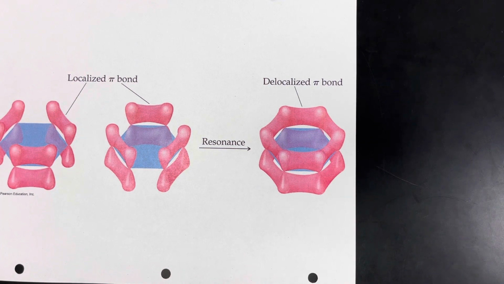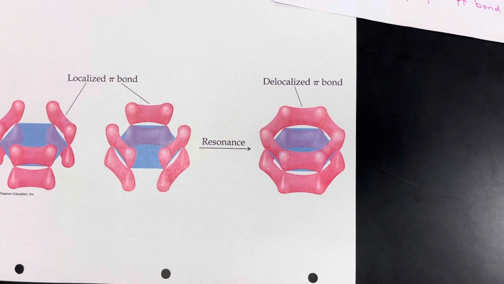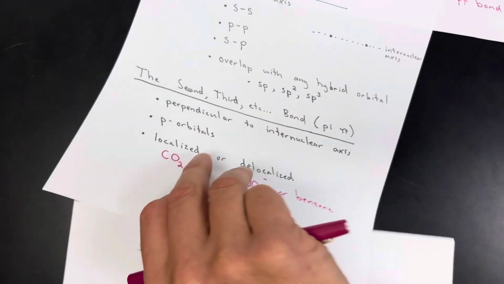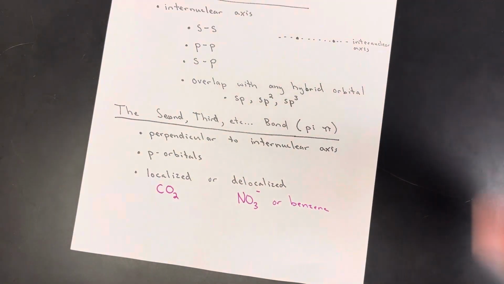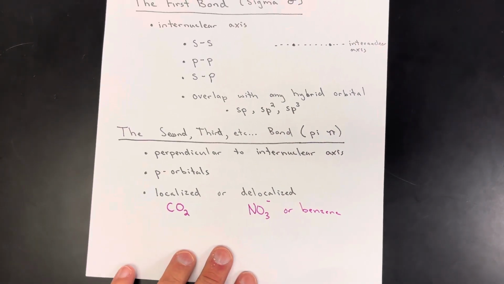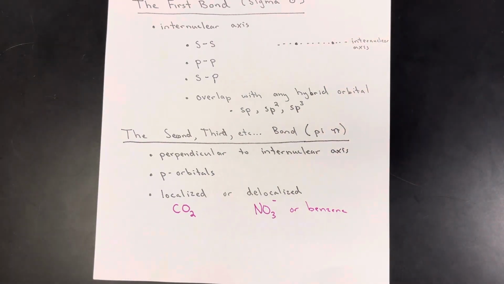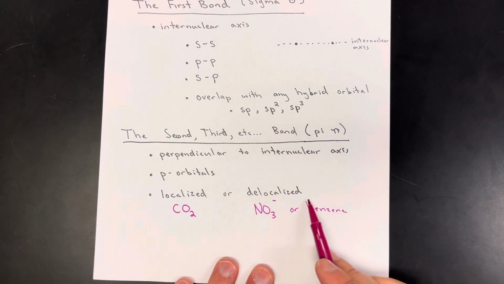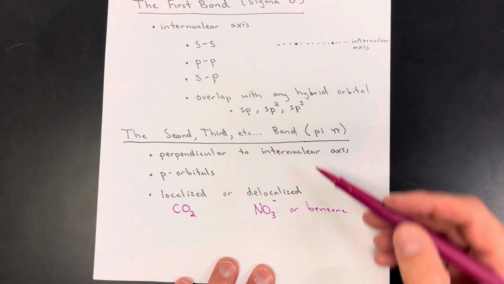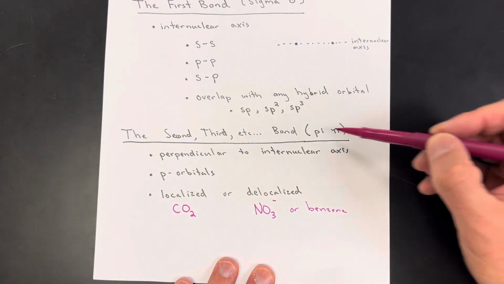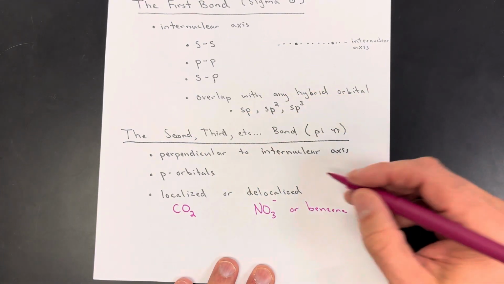So I hope all this information helped you understand the difference between sigma bonding and pi bonding. I know it's a little out there when we talk about electron orbital overlap, but I'm hoping to put some good pictures in your head of what that looks like. And I just want to remind you that delocalization only occurs when you have pi bonding, which is the second or third bonding, okay?